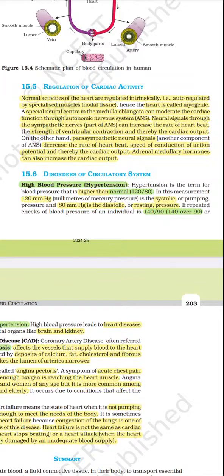On the other hand, the parasympathetic neural signal, another component of ANS, decreases the rate of heartbeat, speed of conduction of action potential, and thereby the cardiac output.